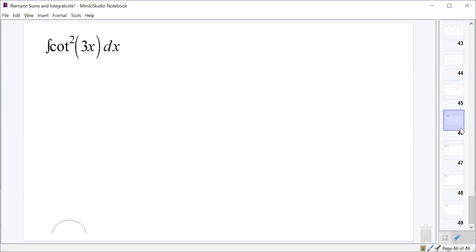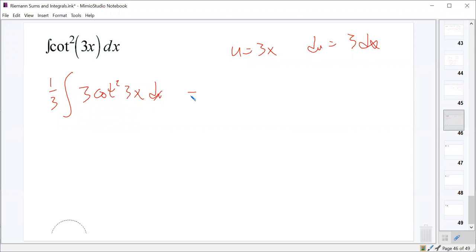Well, what do you want to use sub for to begin with? 3x. Okay, so if u equals 3x, then du is 3 dx, right? And so we'll need to put in a 1/3 and a 3, which is going to give us 1/3 of the integral of cotangent squared u du.